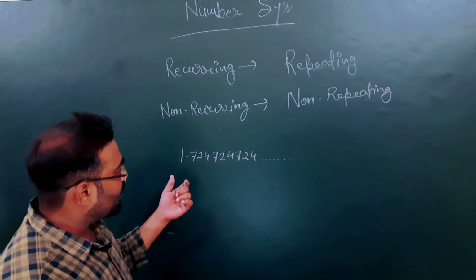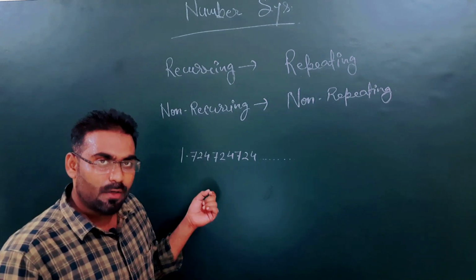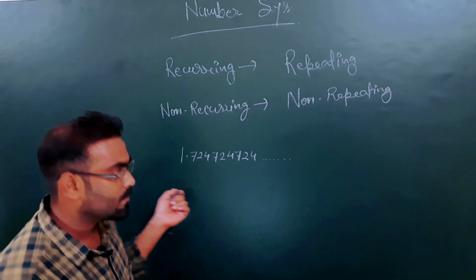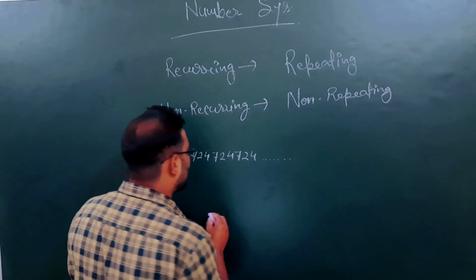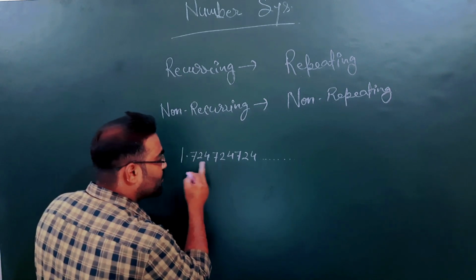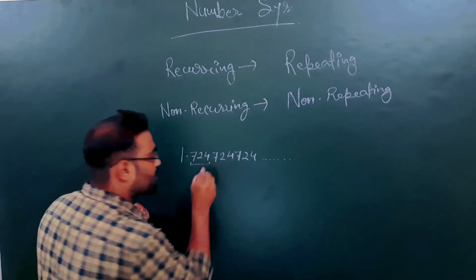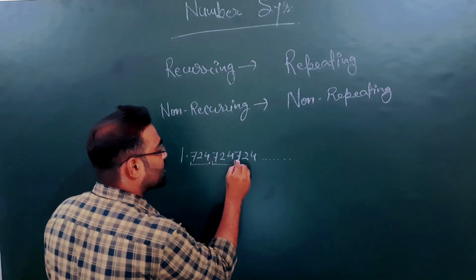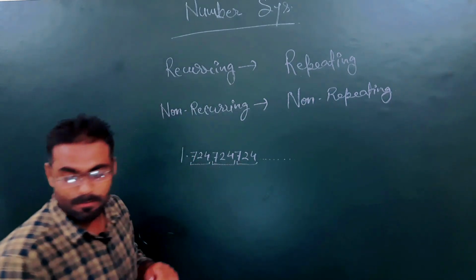Students, tell me the set of numbers which are repeating here. The set of numbers which are repeating here is 724. This particular section is continuously repeating itself. Is it so or not?